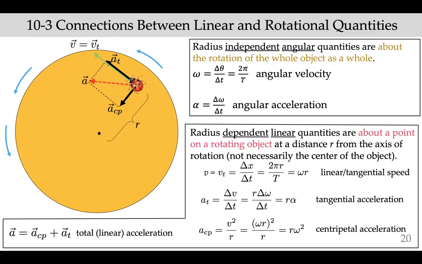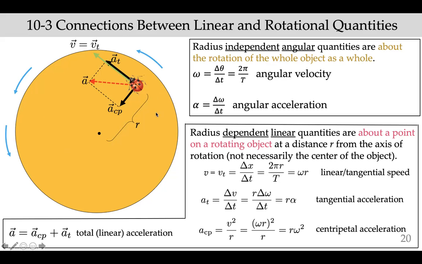In this slide, we have a summary of the concepts that we learned. I know there are a lot of different accelerations and velocities, but this summarizes all. The angular quantities are radius independent. That means there's no r term in these formulas. They are about the rotation of the whole object as a whole.